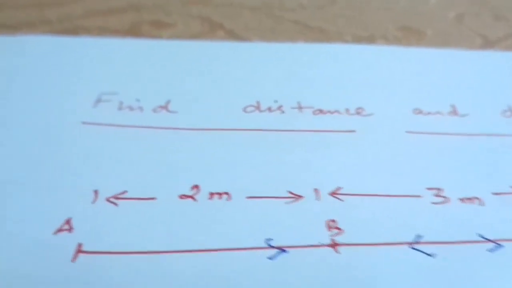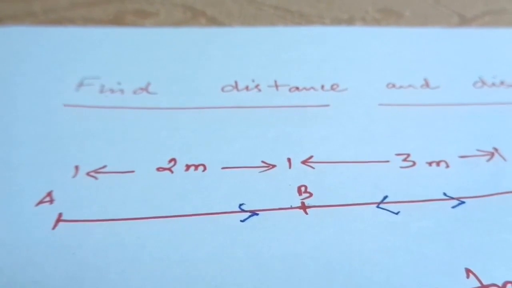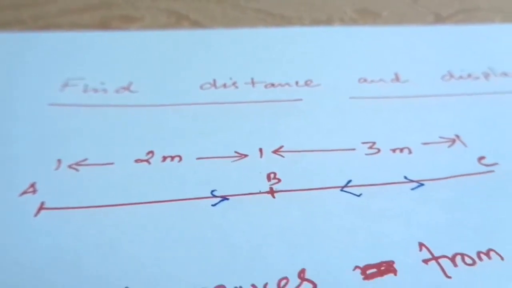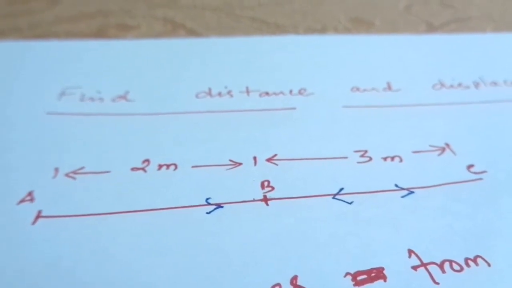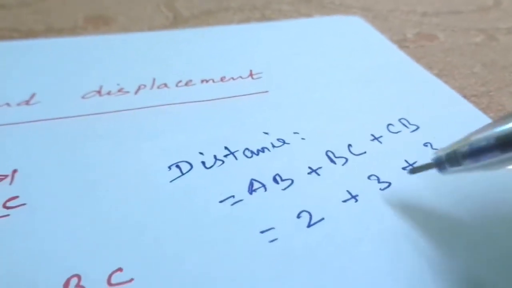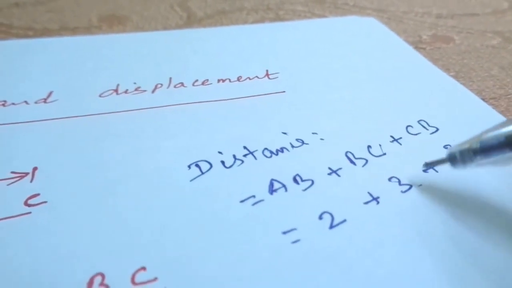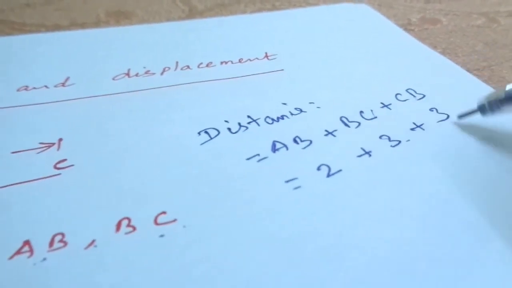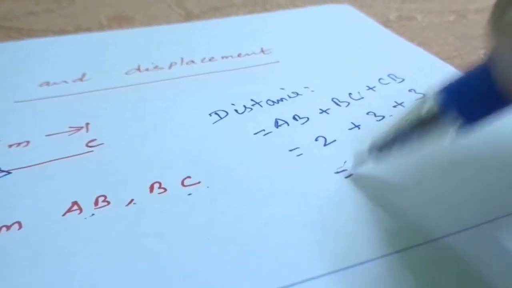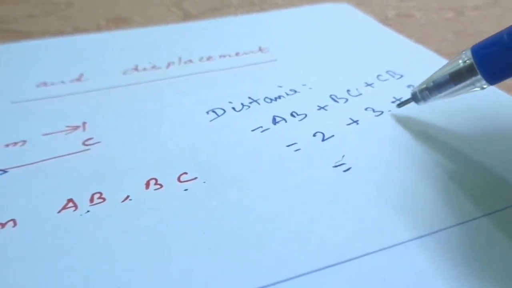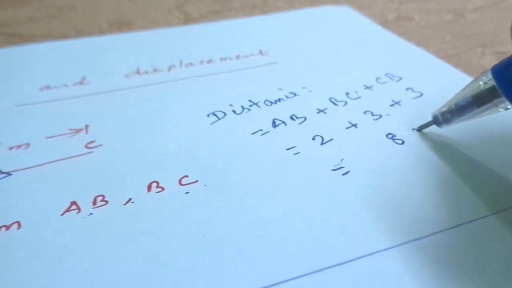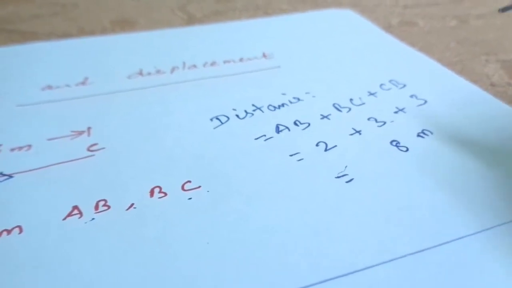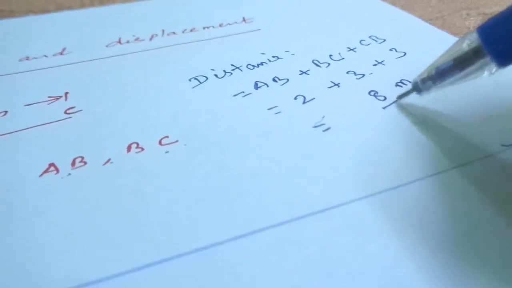AB is 2 meter, BC is 3 meter, and again it travels CB 3 meters, so the total distance is 8 meters.